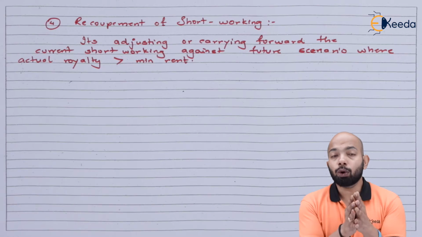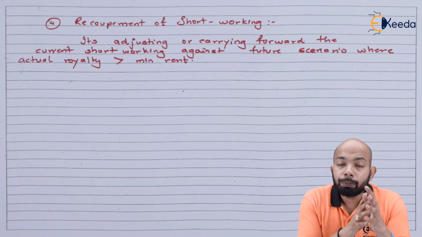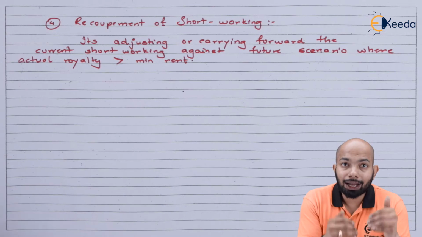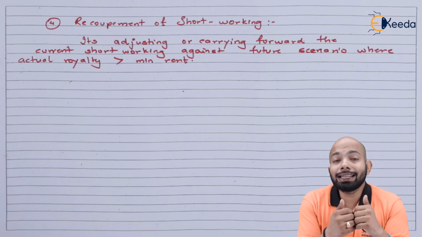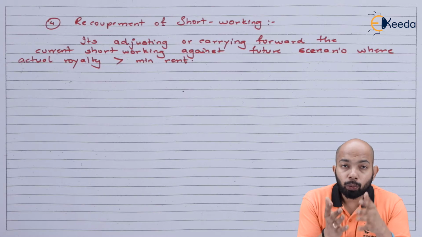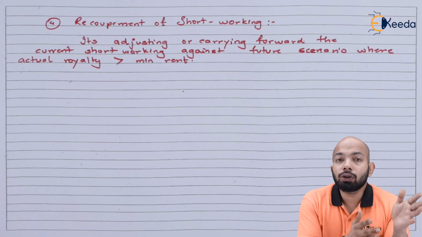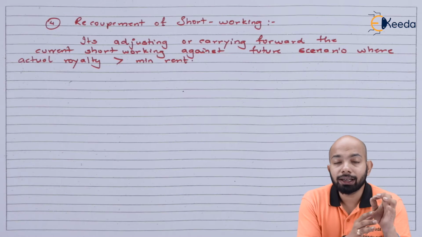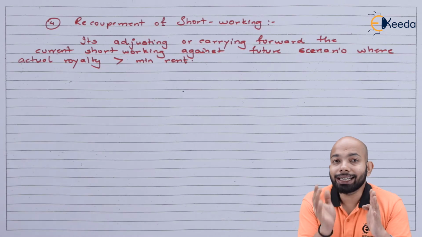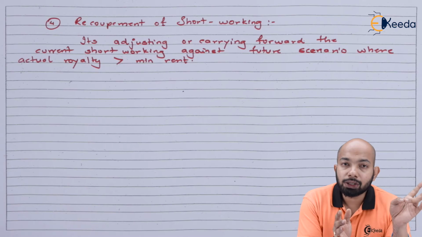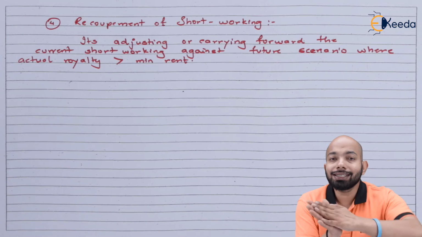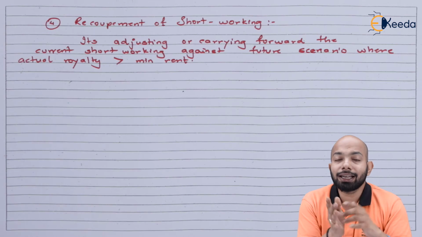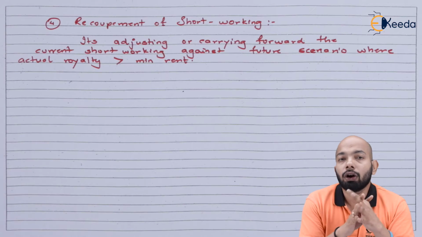Recoupment means an adjustment or carry forward of the current short workings against a future scenario where we find that actual royalty is greater than minimum rent. Whatever shortcomings we have in the previous years, we adjust them against that, and that is known as recoupment of short working.